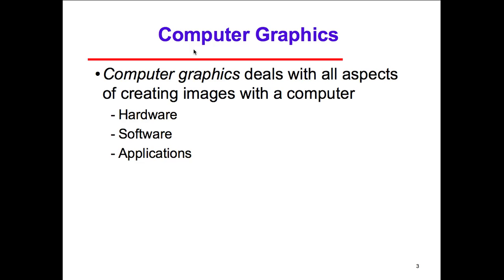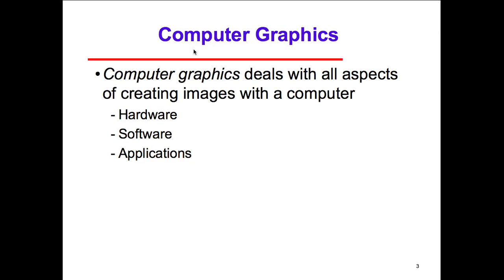Now we have more sophisticated computer systems, faster processors, and graphic cards with their own memory and processors. We're able to process a lot quicker, which creates a better experience for the user and better computer graphics. A lot of the technologies have changed as hardware and software has improved.